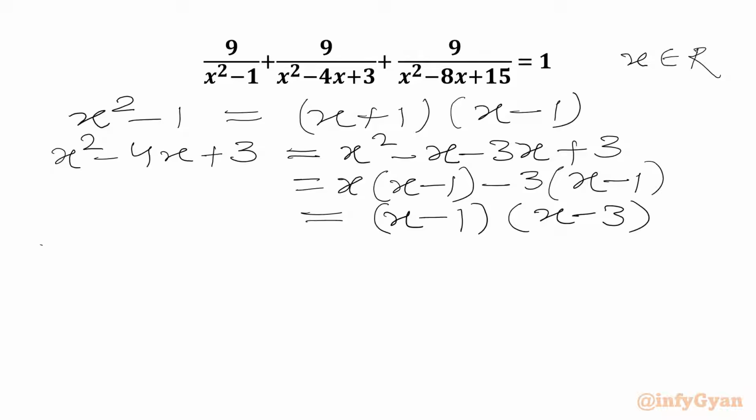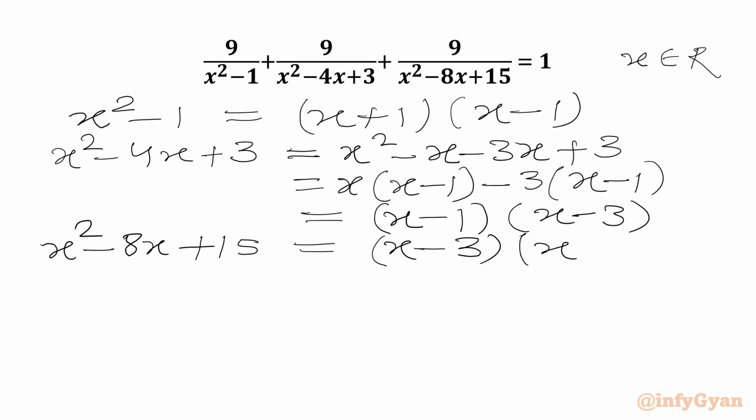Now we have third denominator x square minus 8x plus 15. In the similar way, we will factorize x minus 3 times x minus 5. Now we will write our equation.